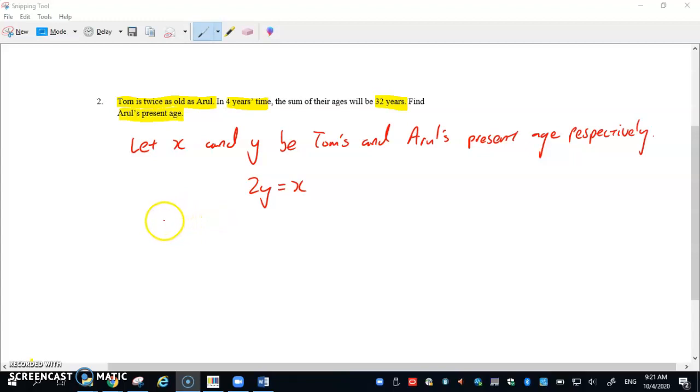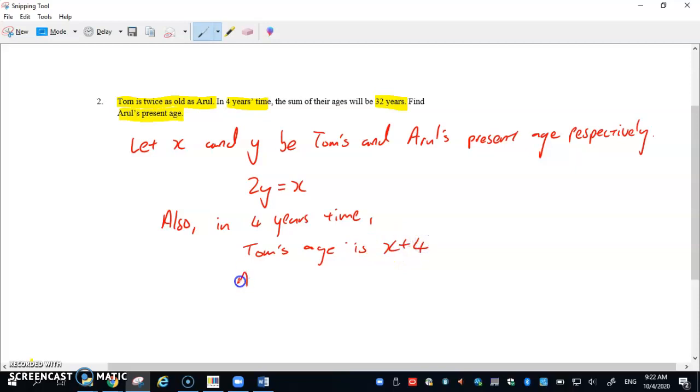Okay, so also, the sum of the ages will be 32 in 4 years' time. So in 4 years' time, Tom's age is x plus 4, Aru's age is y plus 4.